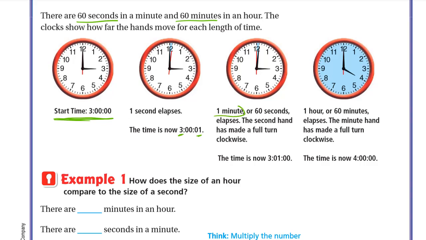After 1 minute, which is the same as 60 seconds, the second hand has made a full turn clockwise. So the time now is 1 minute after 3. And here, after 1 hour or 60 minutes elapsed, the minute hand has made a full turn clockwise. So the time now is 4 o'clock.